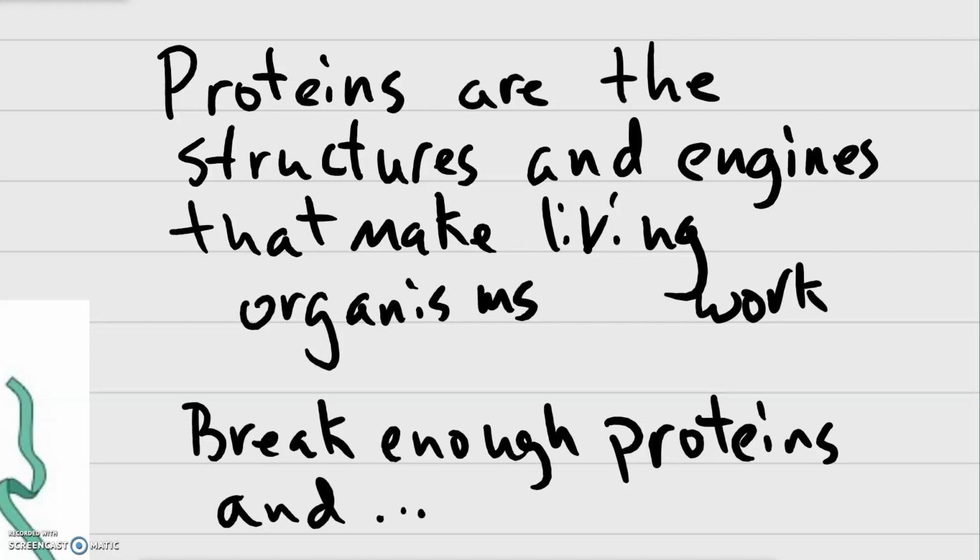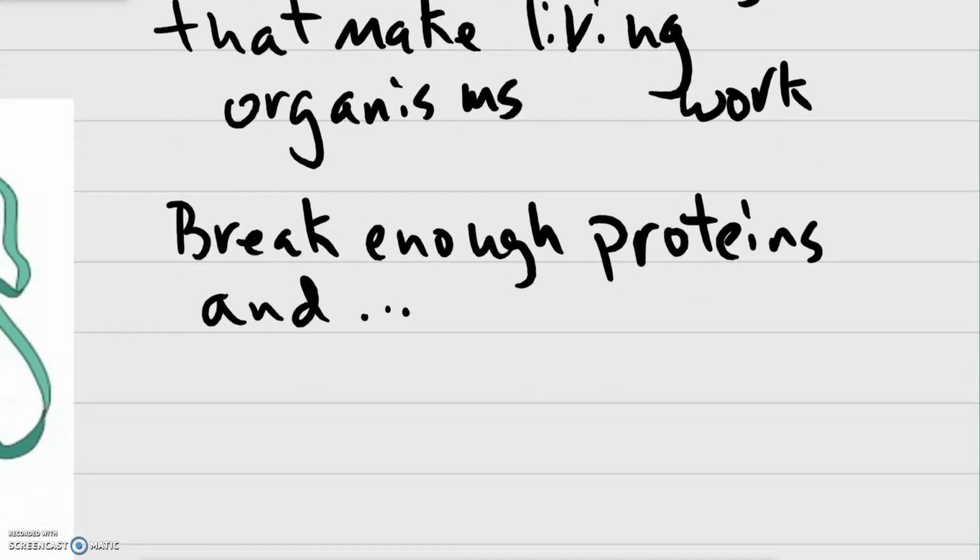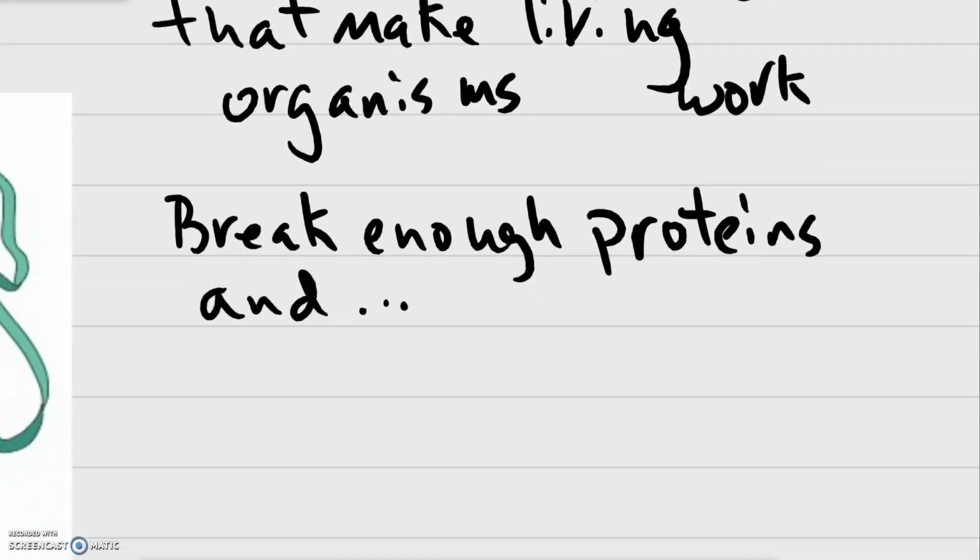Proteins are super important to living things. They're what make living things work. They make up the structure of living things, and they also are important chemical engines and motors that power all the processes of living things. So if you break enough proteins, you will kill the organisms.